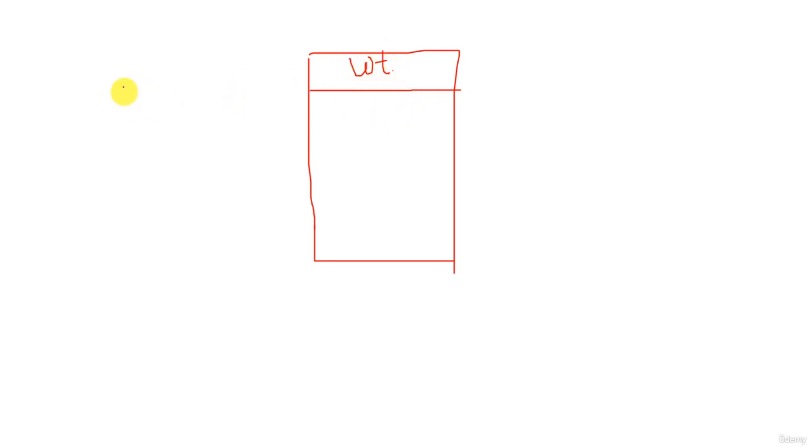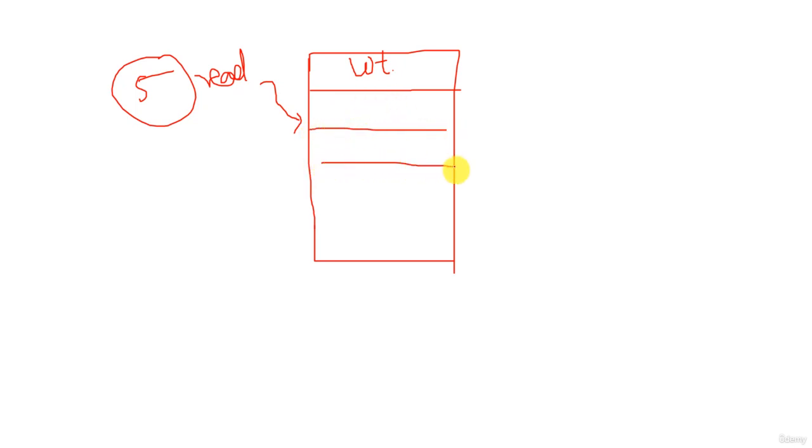I measured, let's say, 5 persons' weight, and I have just read it and written it in this attribute. So I record 5 persons' weight and store it in this weight attribute. First person's weight will be here, second person, third person, fourth person, and fifth one.